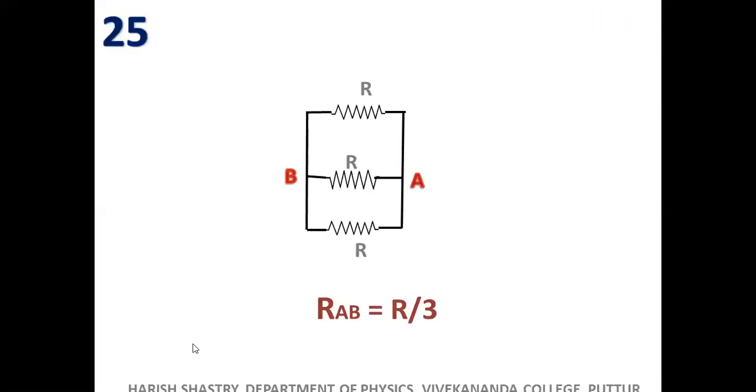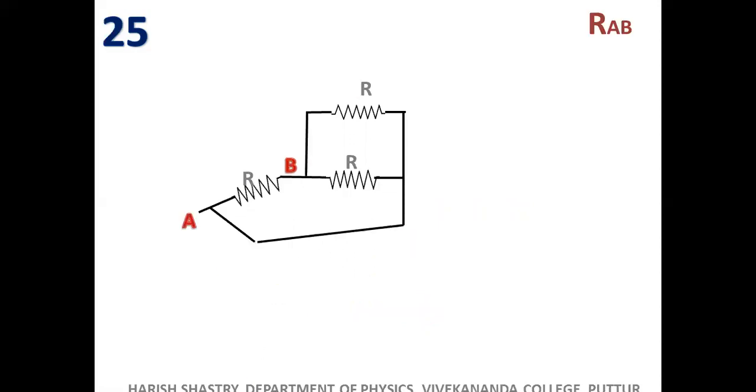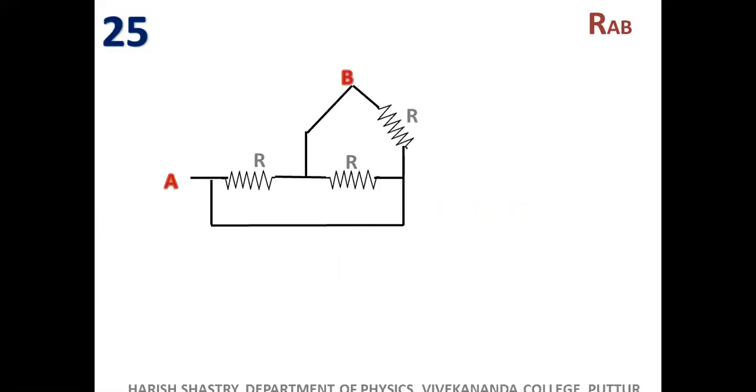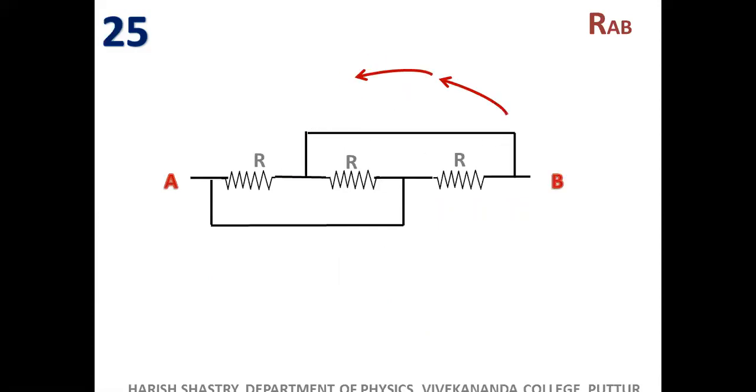See, all the three resistors are in parallel. R by 3. Sir, were they connected in common at two points to say that they were in parallel? Yes. How do you see those common points here, sir, in the original circuit? Were you able to see the common points? Yes. You see, for example, these two ends of the resistors are common.